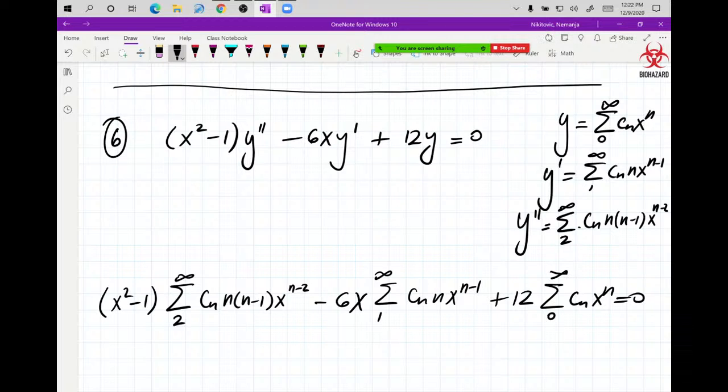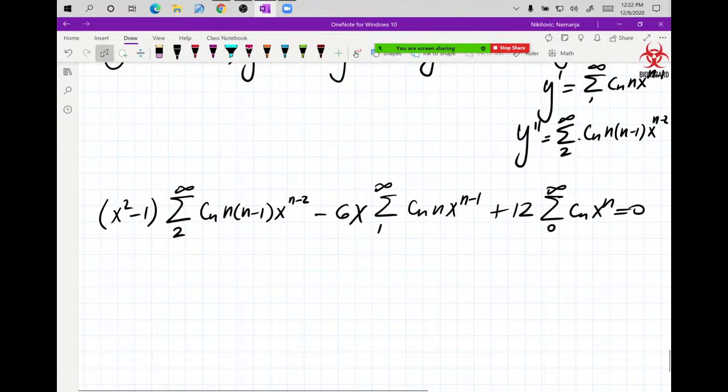That's 0 to infinity. All right. So this problem would just be a simple peeling problem.